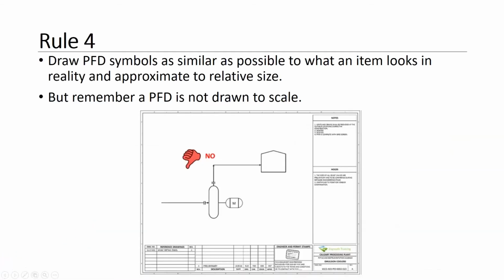Rule number 4. Draw PFD symbols as similar as possible to what an item looks like in reality, for columns, tanks, heat exchangers, etc. And remember, it is not to scale. So it is a D-size document. There is no standard for symbols. Most companies possibly have their own standards.